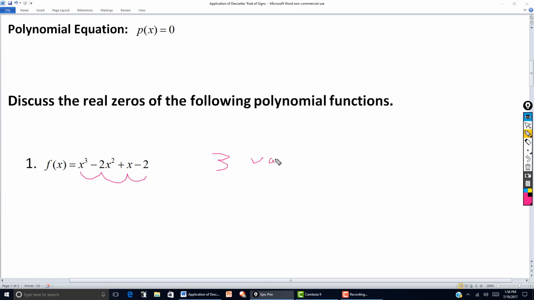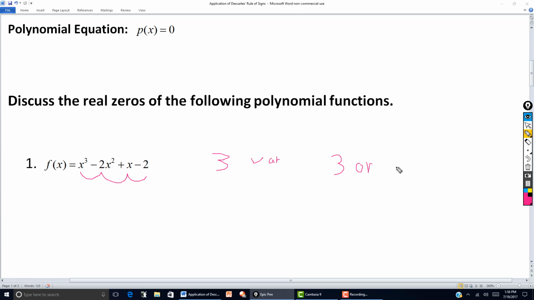3 variations. So that means that I can have 3, subtract 2 from that, that's 1, and I can't subtract 2 from 1 because then I get a negative. And remember, this is counting, so this is saying the number of zeros, so I can't say negative zeros. Okay, it has to be positive or 0.